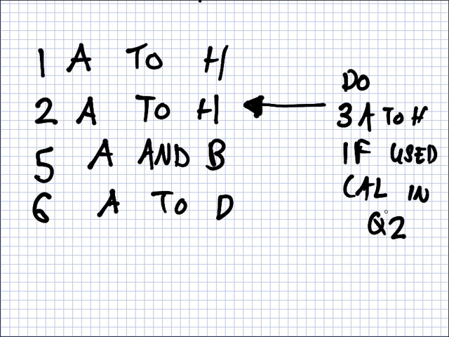So I recommend you don't use a calculator in question 2. Otherwise, you must do question 3. So it's your choice. You can either use the calculator in 2 and do 3, or just not use the calculator in 2. No, not even to check. No calculator in 2. Alright, try these for a few minutes and then we'll have a tutorial.